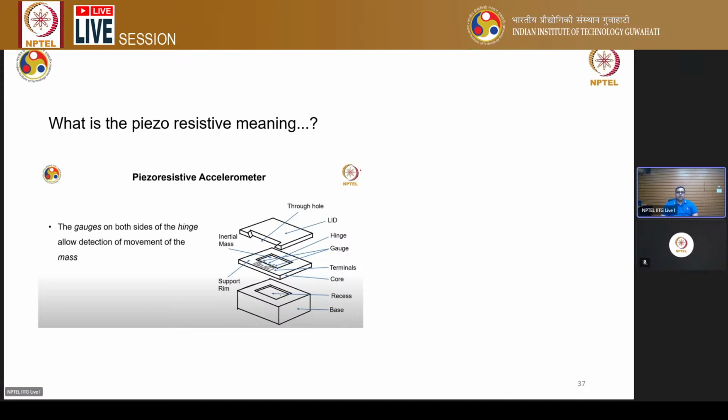Now, the second question was what is the meaning of piezoresistive, or piezoresistivity. The student found this word in the accelerometer, which is from module 9 or 10.